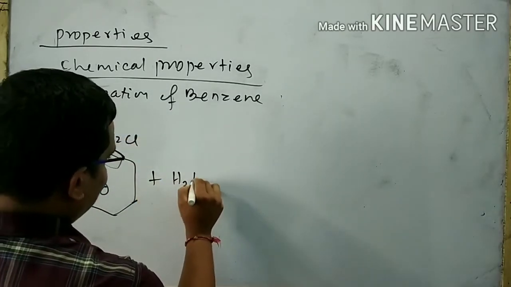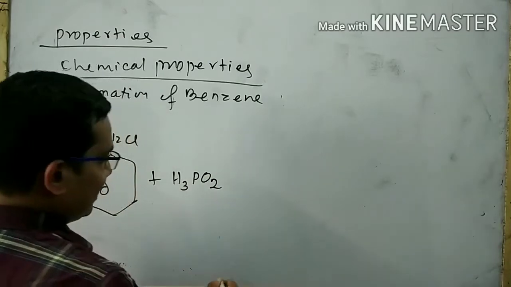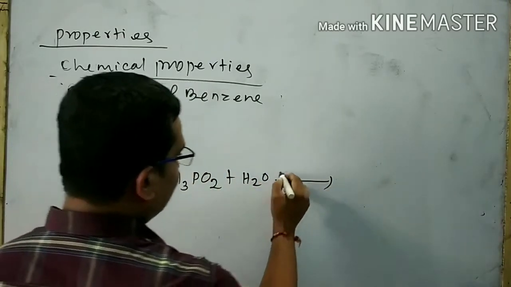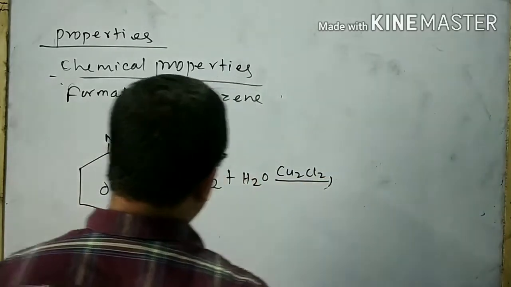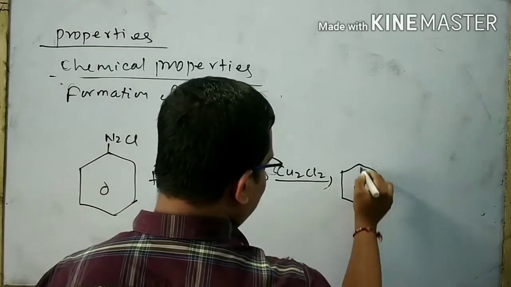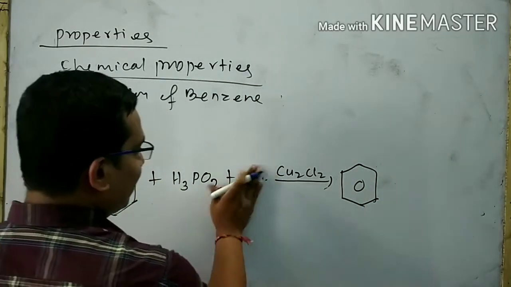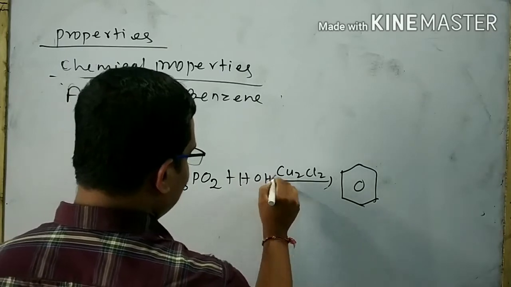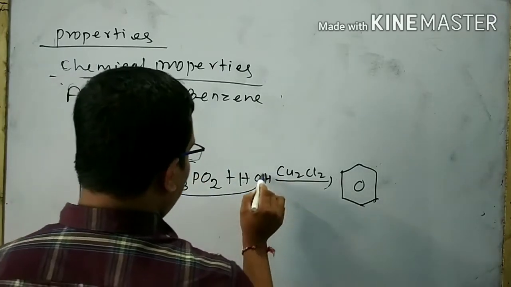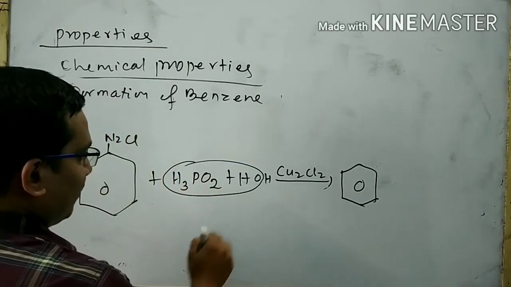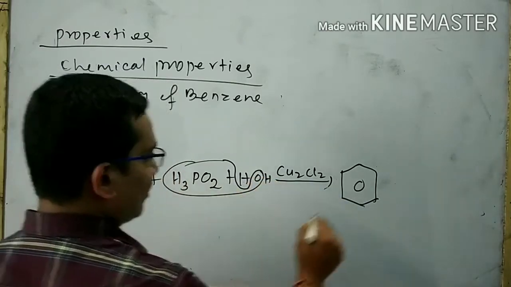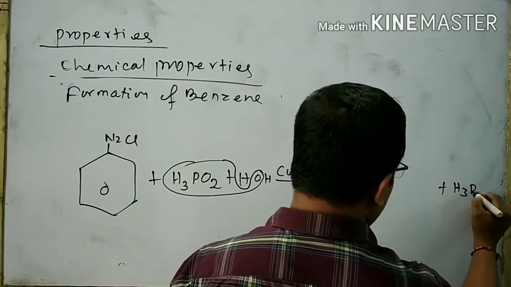BDC is treated with hypophosphorus acid and also water, in the presence of Cu2Cl2, then benzene is formed. I can write the water like this, HOH. At first I will remove the byproduct, that is H3PO3, like this. The byproduct is H3PO3.